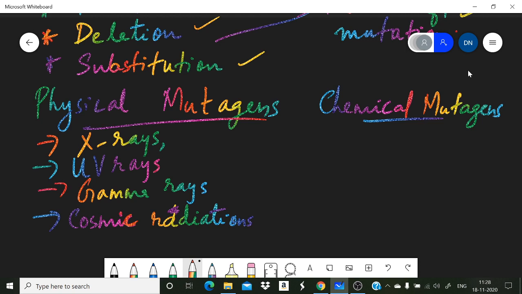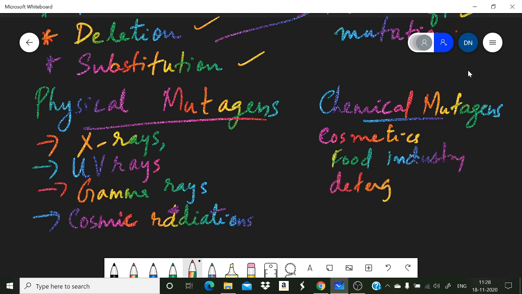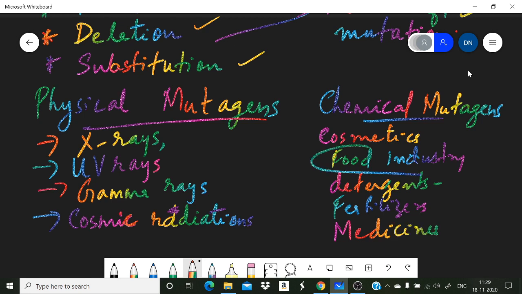All different types of radiations may lead to mutations. And chemical mutagens means any chemicals. For example, the chemicals which we are using in cosmetics, food industry and detergent industry, detergents, whatever chemicals, manure, fertilizers, as well as some medicines, preservatives, that comes under food industry only.